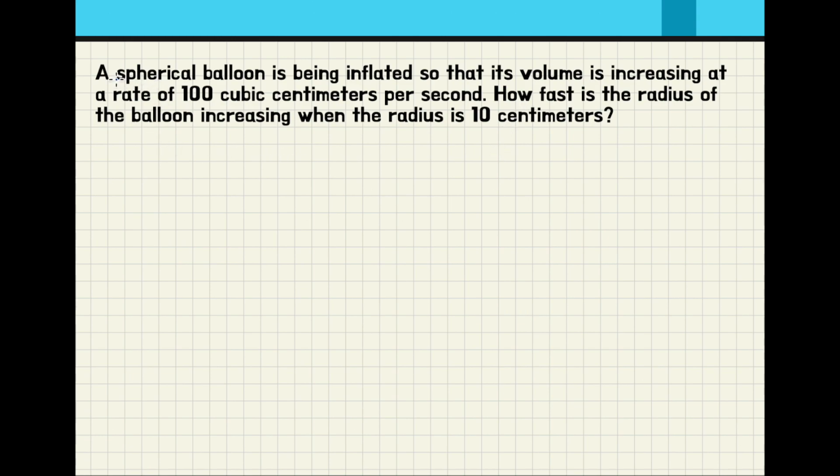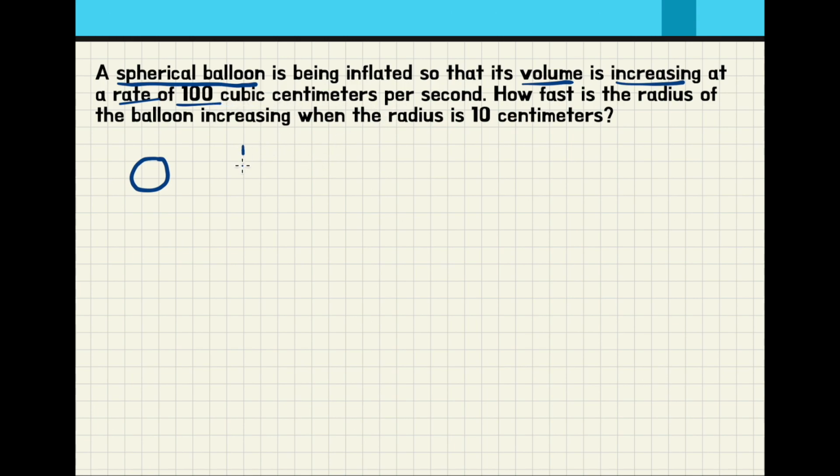Breaking this up, we see a balloon. This spherical balloon is being inflated, right? And its volume is increasing at a rate of 100. So like I said before, the rate is essentially the derivative of what? Of volume, right?